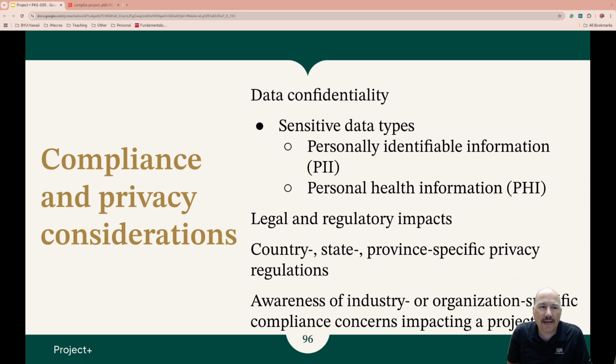So you should understand the legal and regulatory impacts. These are the laws and regulations that tell you how data must be collected, stored, processed, shared.